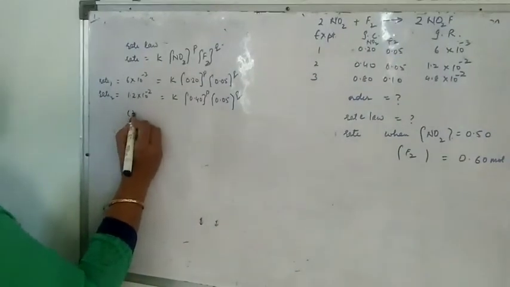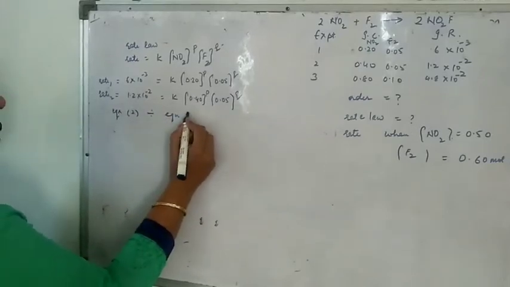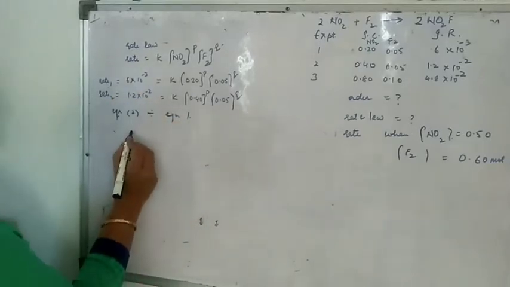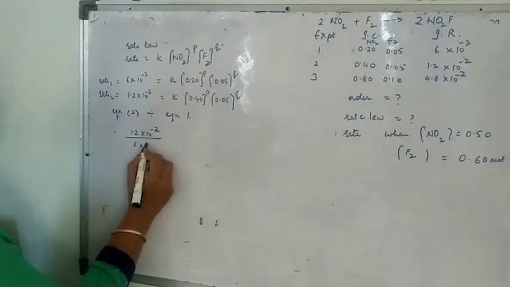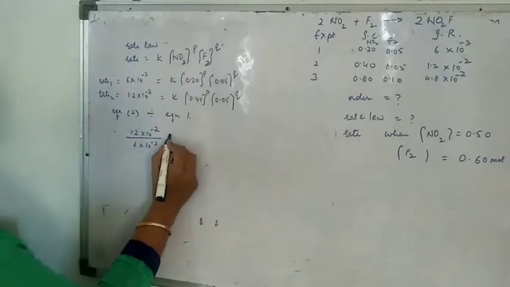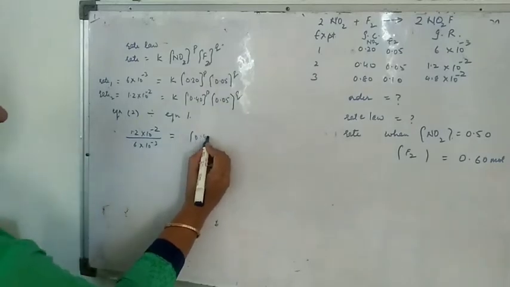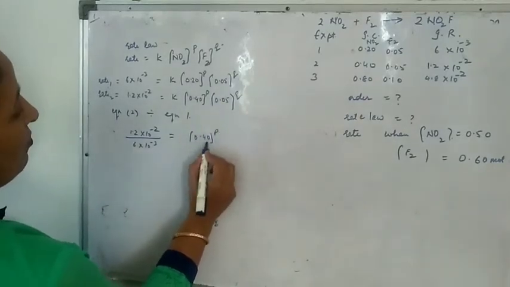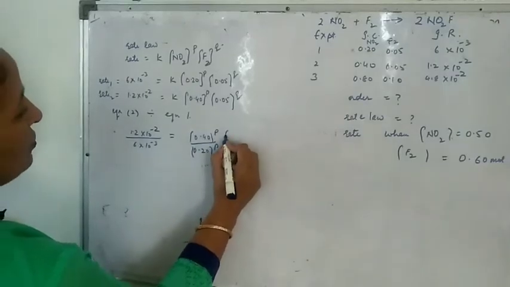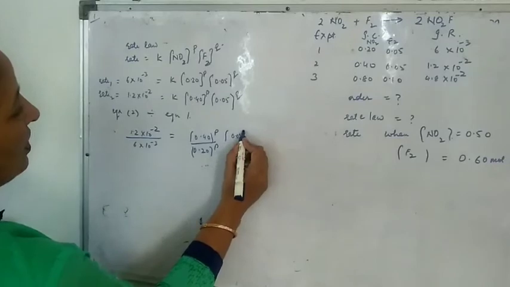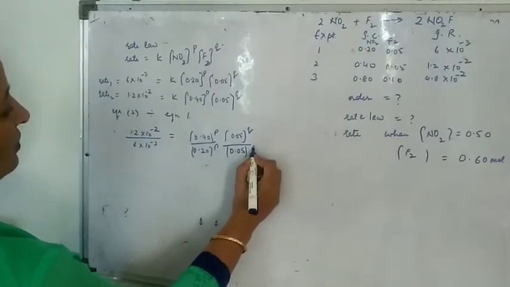Dividing equation 2 by equation 1, we get 1.2 into 10 raised to power minus 2 upon 6 into 10 raised to power minus 3 is equal to 0.40 upon 0.20 into 0.05 upon 0.05.